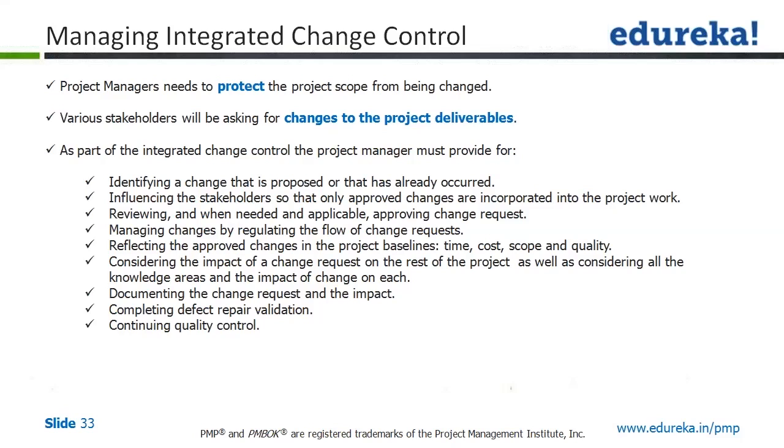The project manager must provide for reviewing various contents, reviewing change requests, and maintaining and managing the changes by the change request. Any change done here should reflect back a change in the baseline, which is your triple baseline along with quality, which is time, scope, cost, and quality.